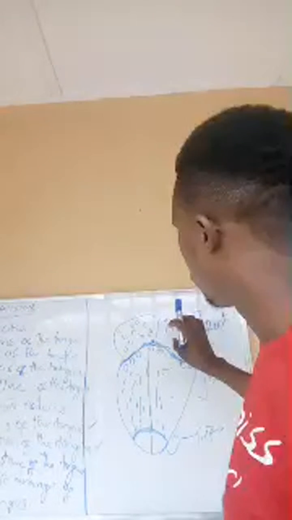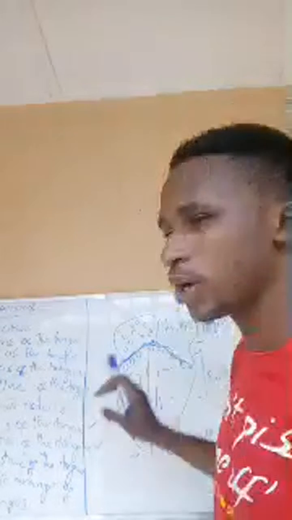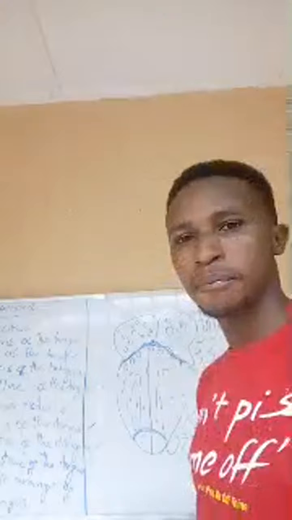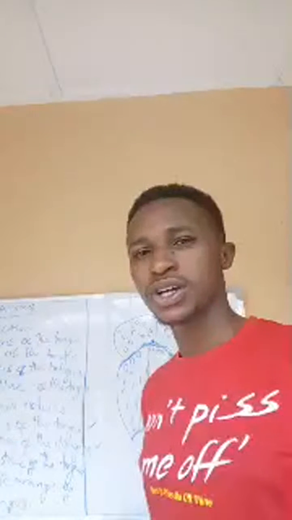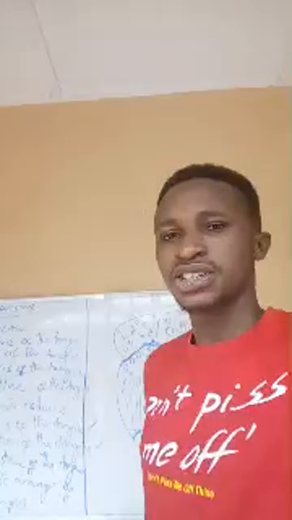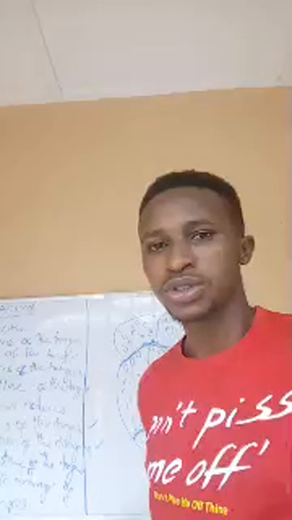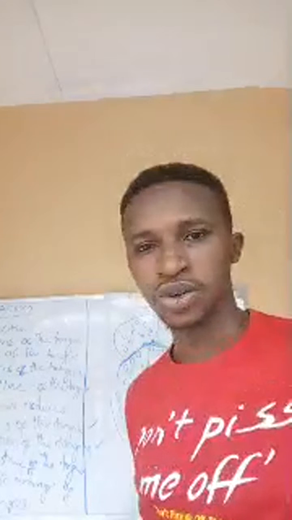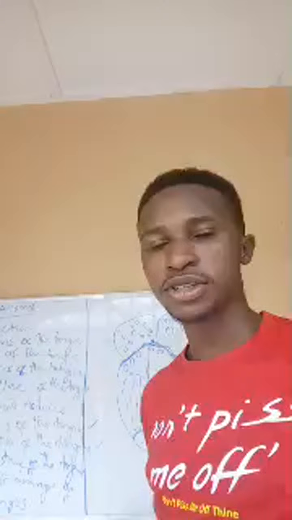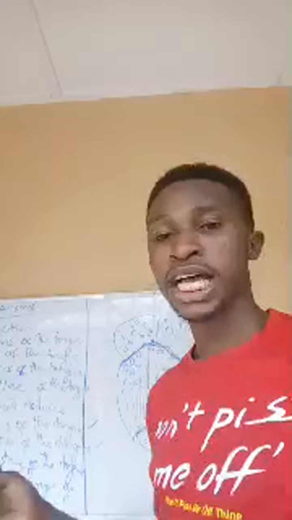Now let's talk about the posterior one-third of the tongue. The posterior one-third of the tongue gets its general sensation and its special sensation from cranial nerve 9.